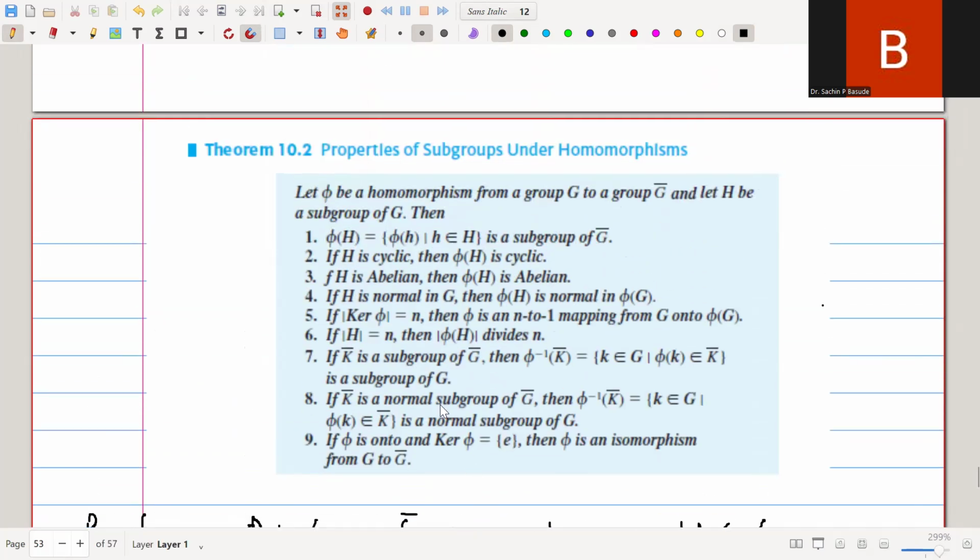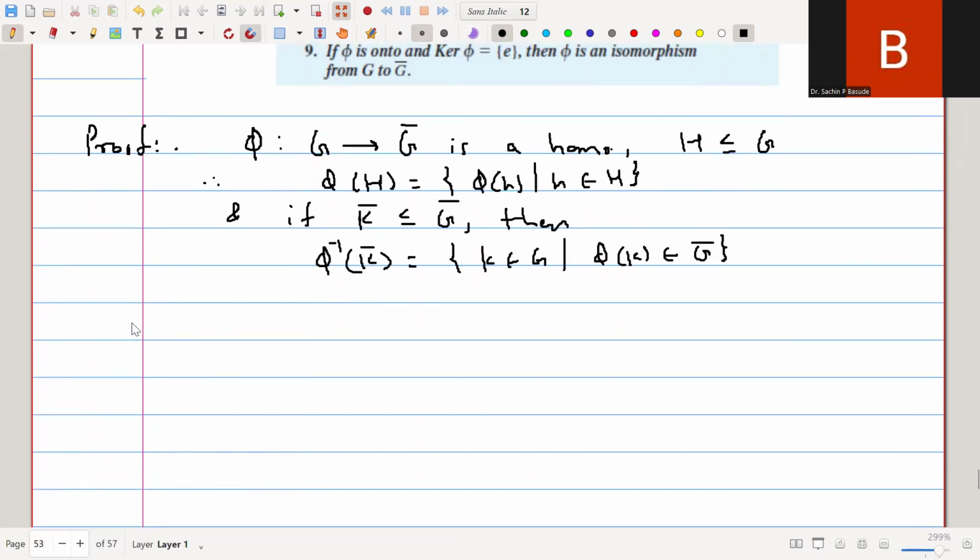First thing, phi of H is a subgroup of G bar. First, claim: phi of H is a subgroup of G bar. I have to prove this.